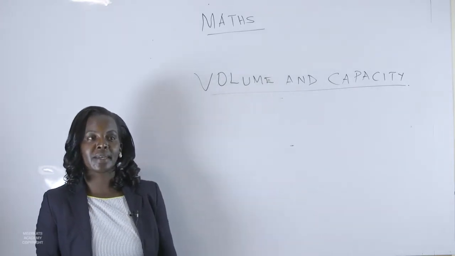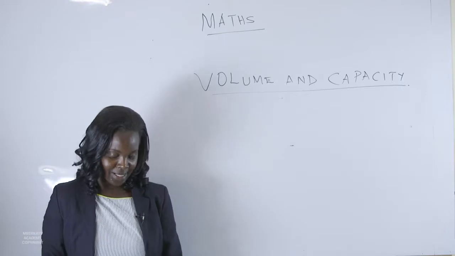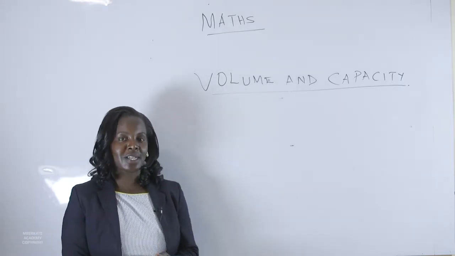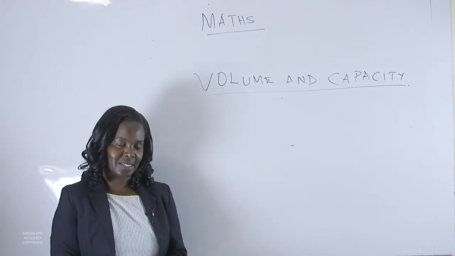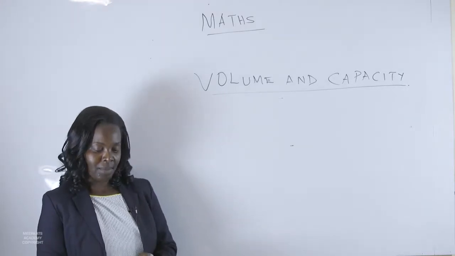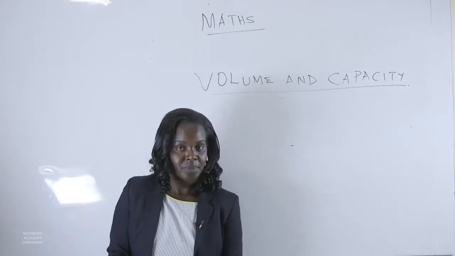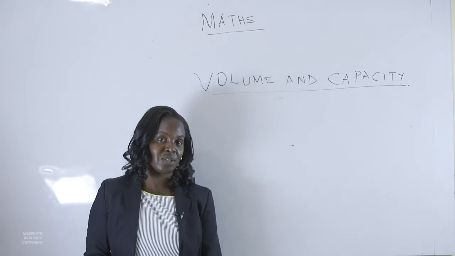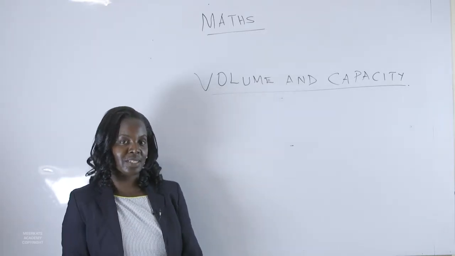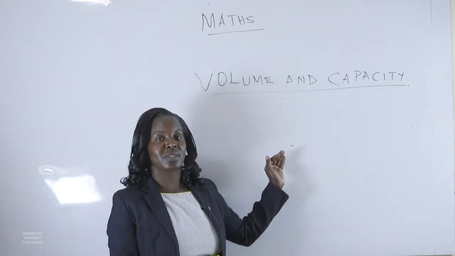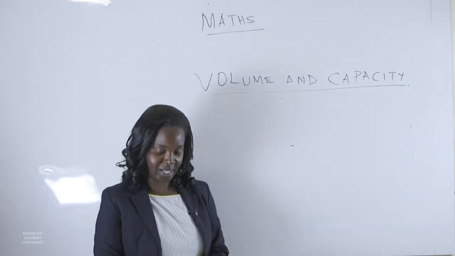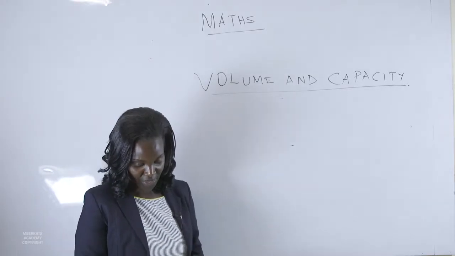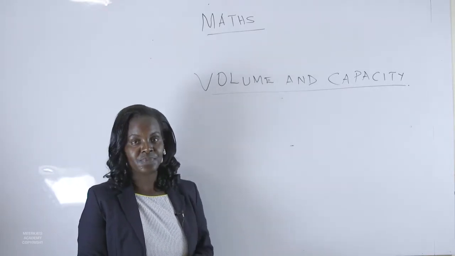is volume and capacity. Let us now look at volume and capacity. Here we are still talking about three-dimensional objects, meaning it is not two-dimensional. We are not talking about two-dimensional figures. We are talking about three-dimensional objects, which have the base, the length, and the width. So what is volume?